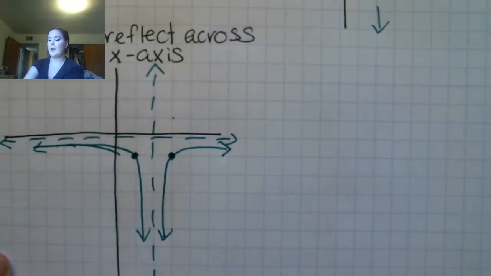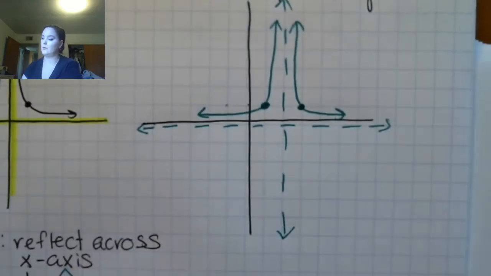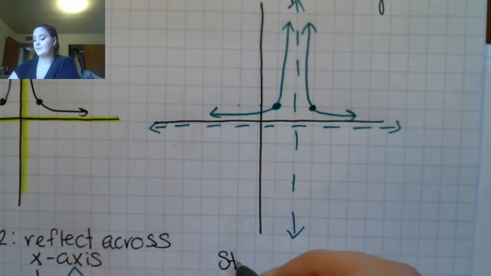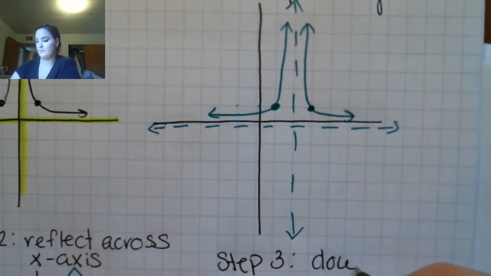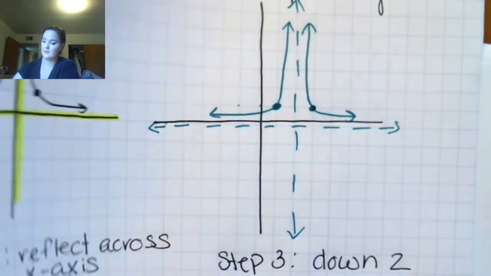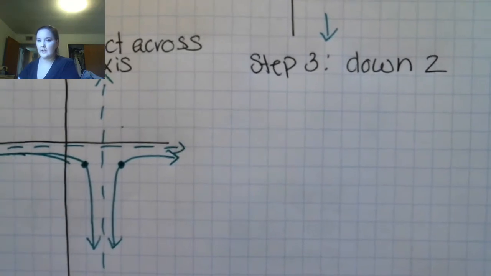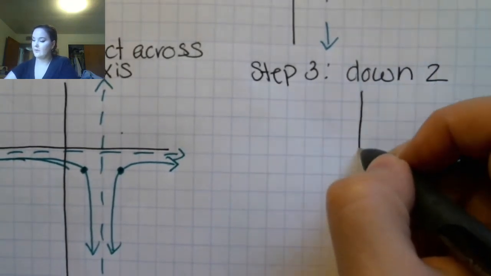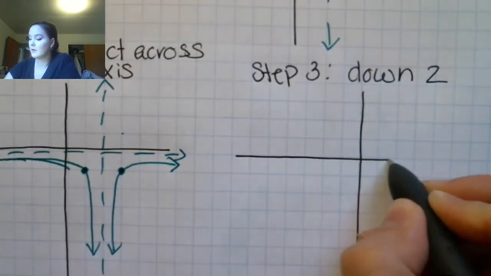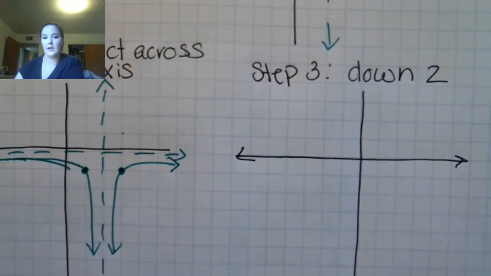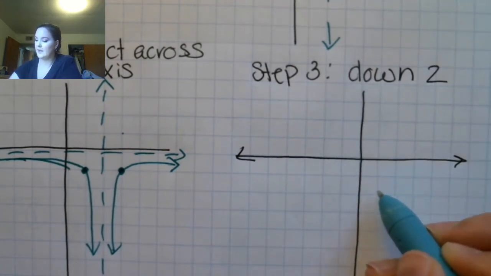Now we're going to do our last transformation, which was down 2. So we're going to take everything from our graph and move it down 2. I'm going to take my key point that was here and move it down 1, 2.